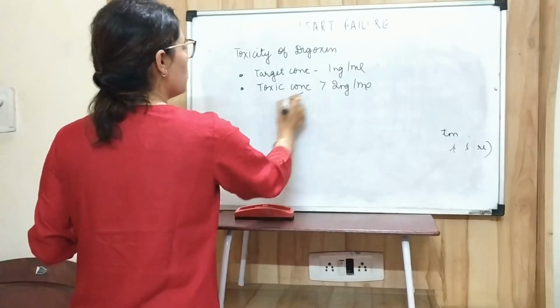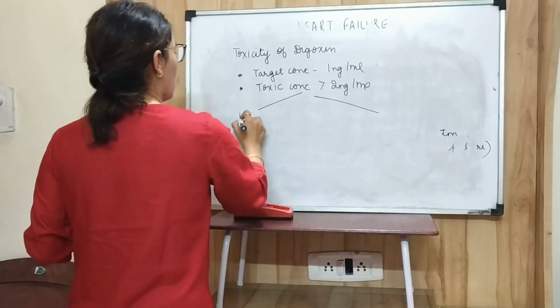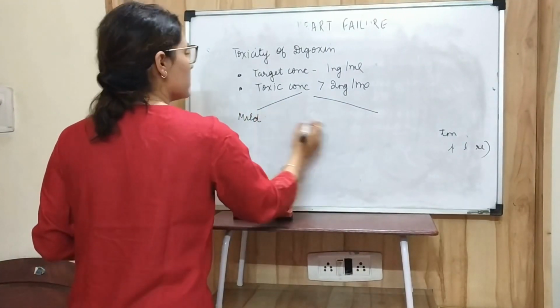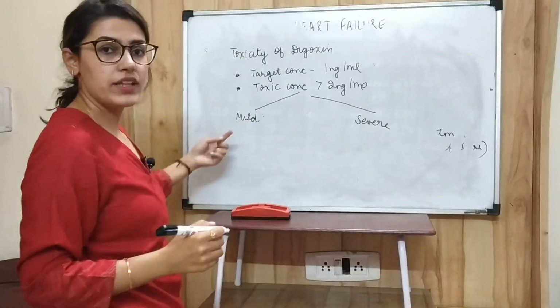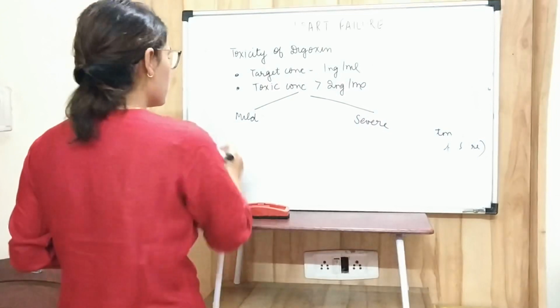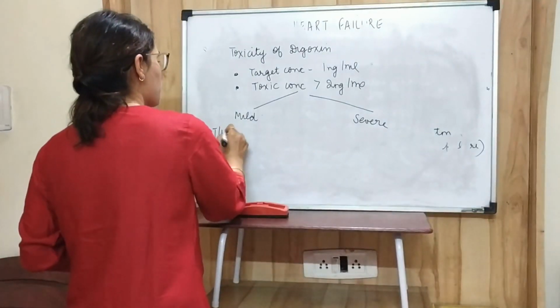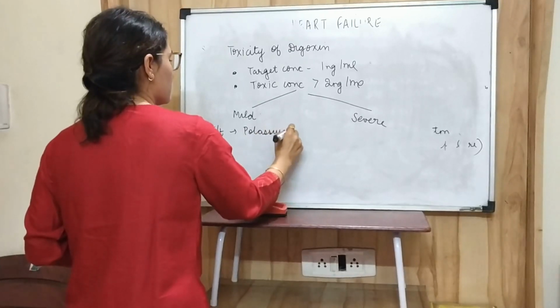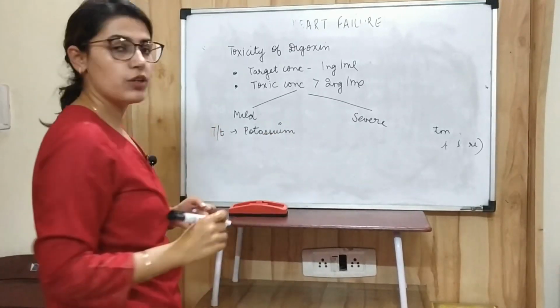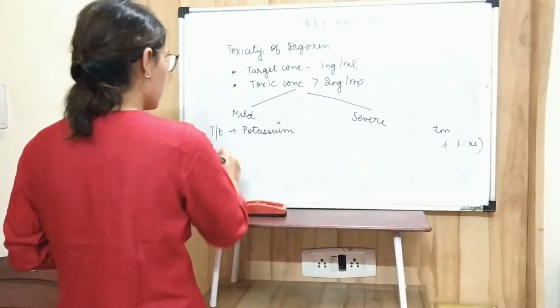Now there are two methods of treatment. One is for mild toxicity and the other is for severe toxicity. When there is mild toxicity, the treatment of choice is potassium. Why?